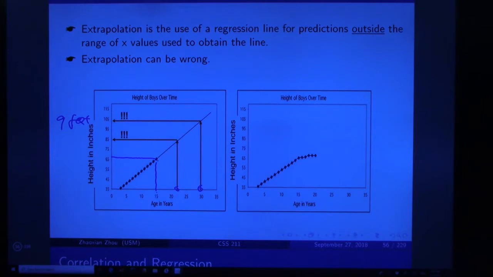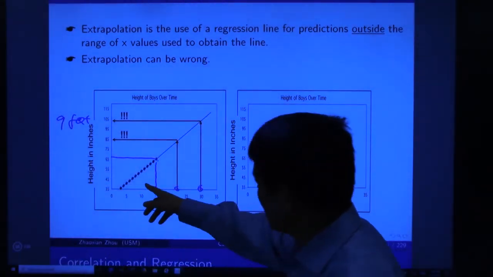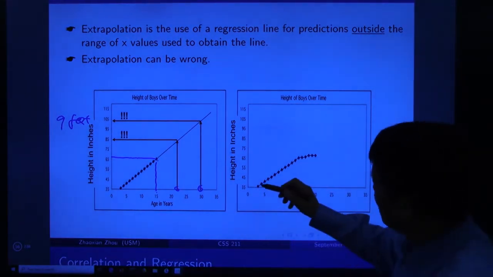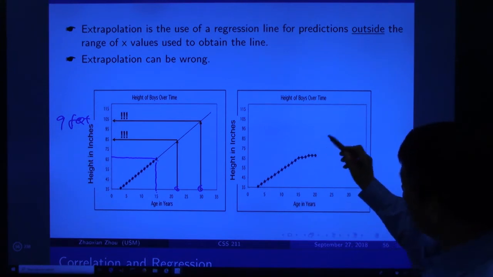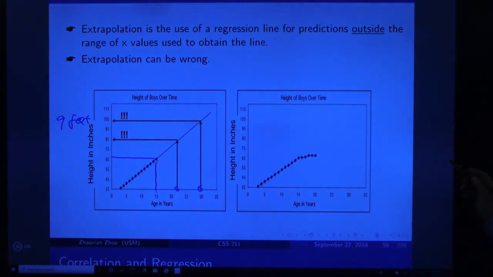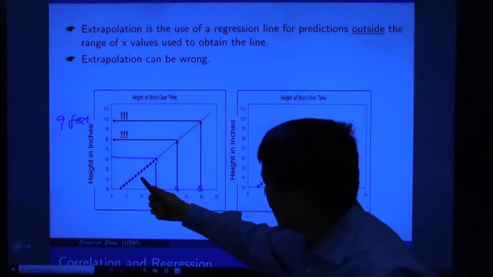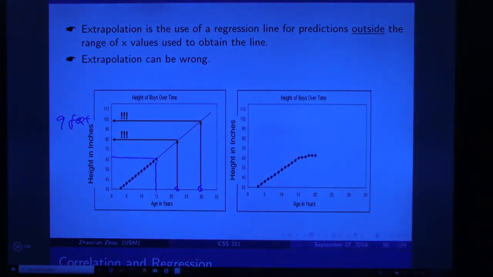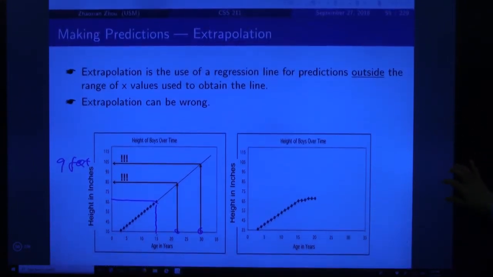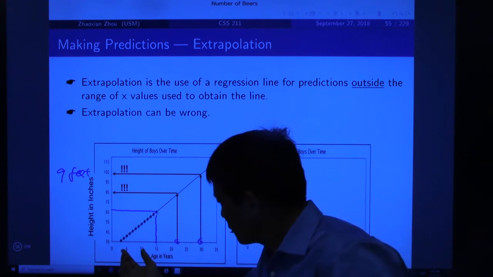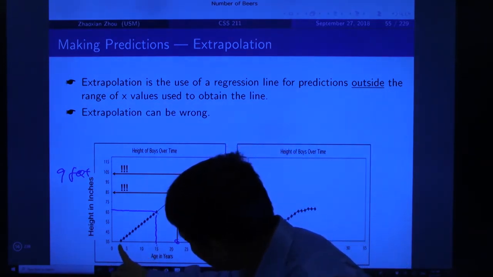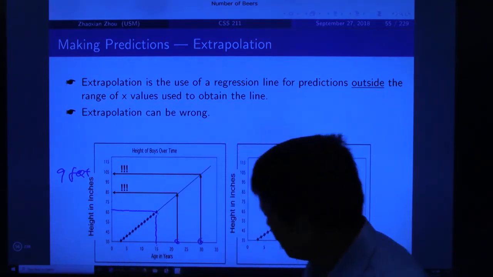So what is the problem? If you actually do this experiment, the real data is supposed to be like this. Instead of going straight up, it will flatten. That means this regression line is not very accurate. So what's the problem with this prediction? Look here: in the experiment, the range of our data is from 3 to 15, that's all.